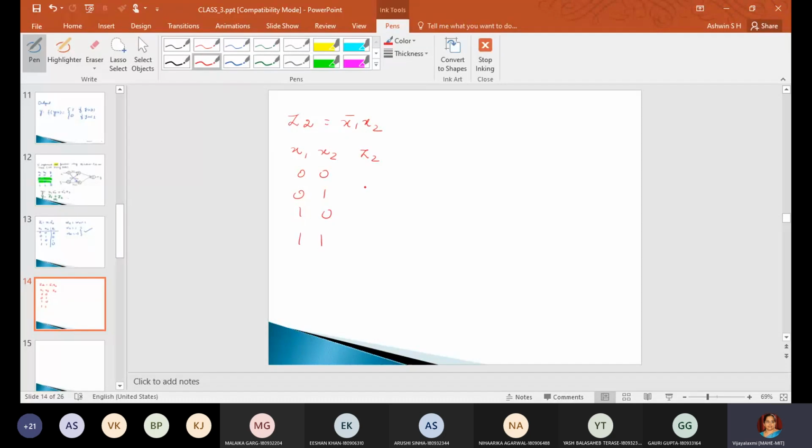Here I think it will be 0, 1, 0, 0. Now you assume the weights and proceed. Tell me what should be the values of w12 and w22.